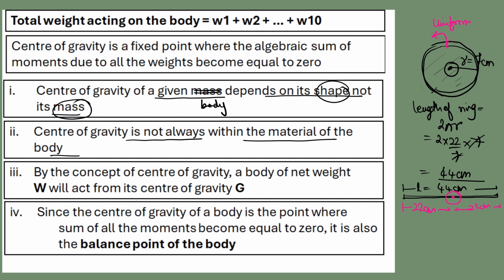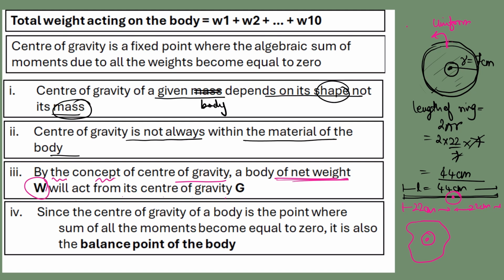Next. By the concept of center of gravity, a body of net weight W will act from its center of gravity. That means whenever we talk about the center of gravity for any shaped object, it will always act from such a point where all the moments become equal to 0. So then we stop considering the shape of the body.